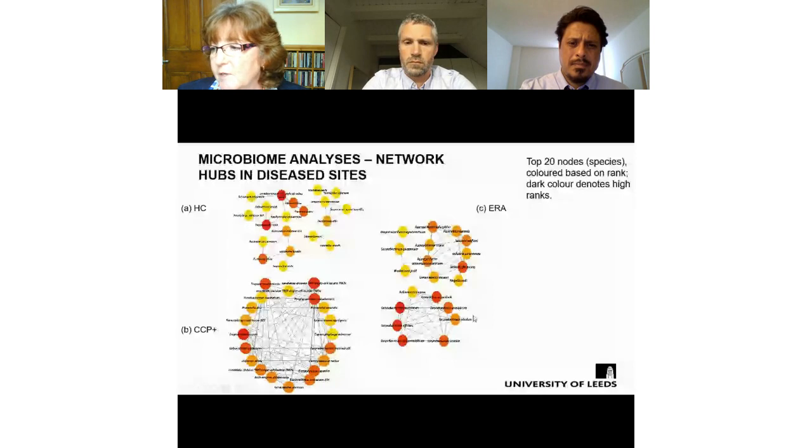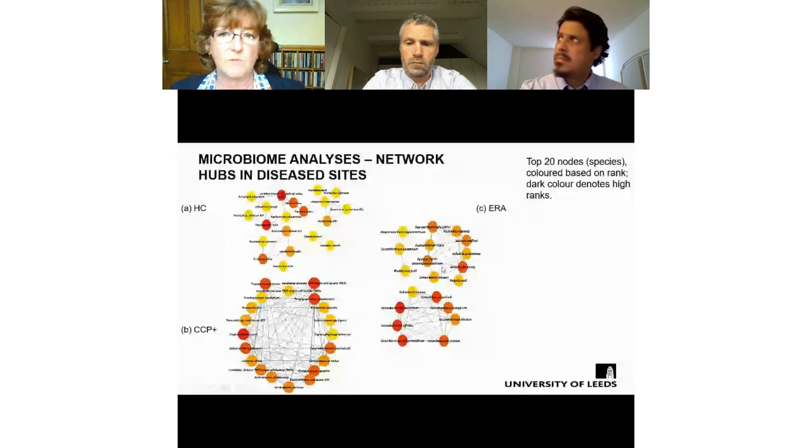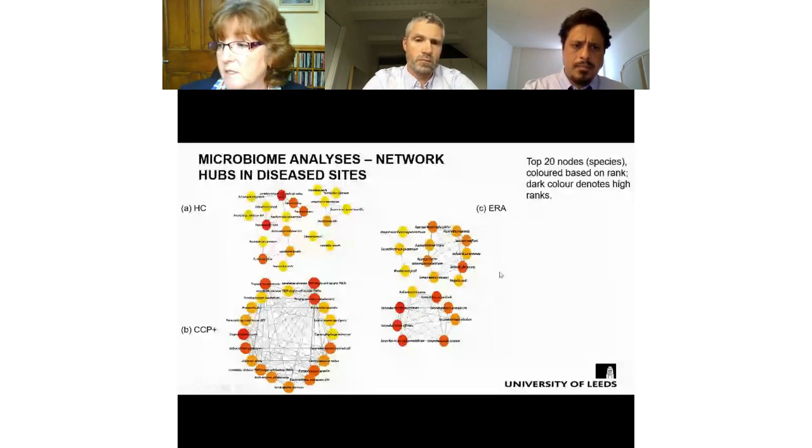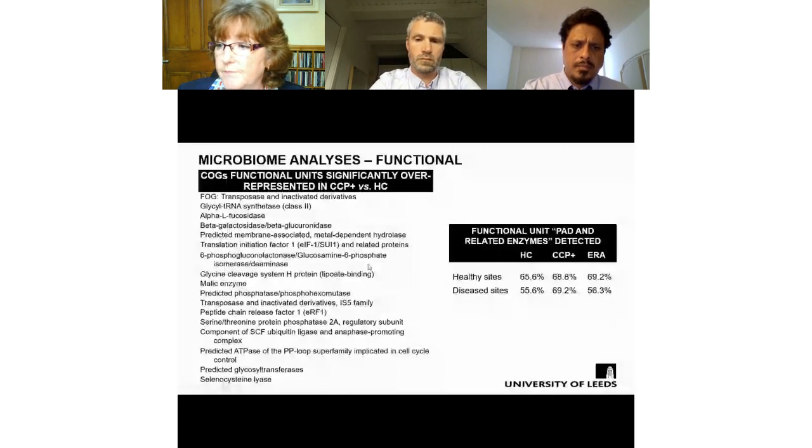Again, a very different set of organisms in the ERA group, but we did note that AA features as one of the dominant organisms in this hub within this ERA group, and that's really the only place at which AA has stood out for us in our studies, which is in contrast to what other groups have found when they're looking at certainly full-blown rheumatoid arthritis.